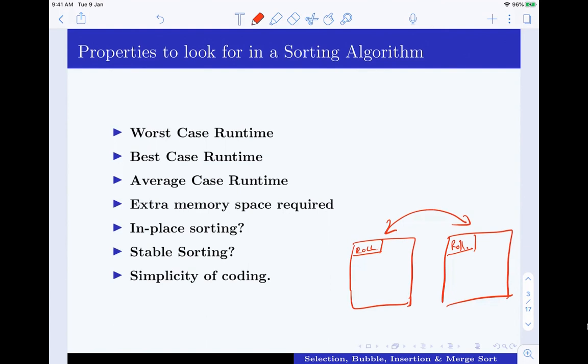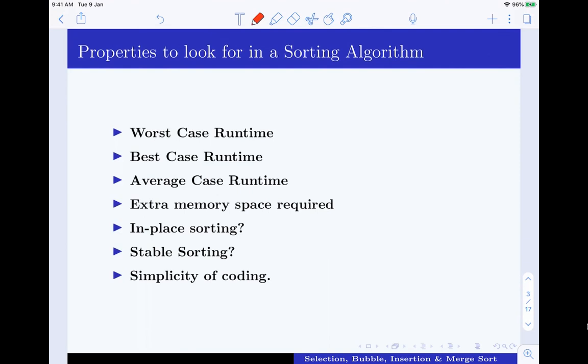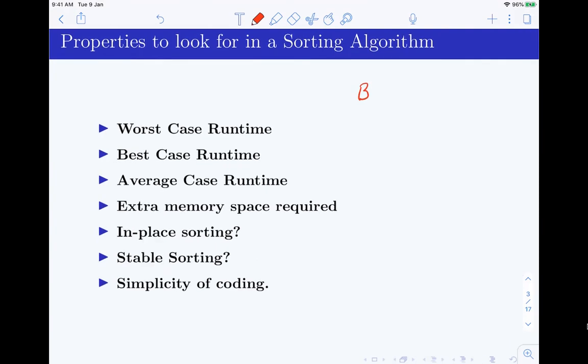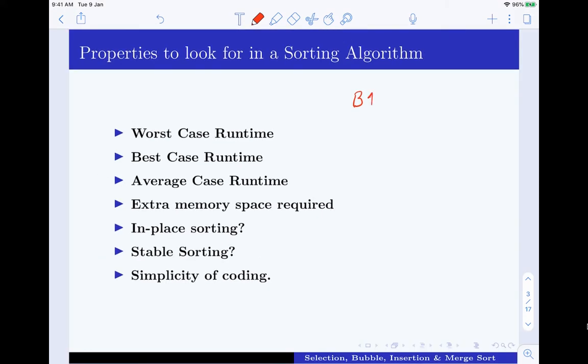There is also this concept of stable sorting. Say I have 5 parameters. There are some parameters for a person named B1: parameter P1, parameter P2, parameter P3.